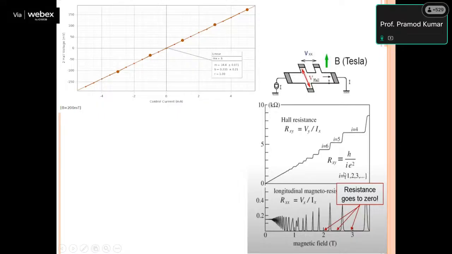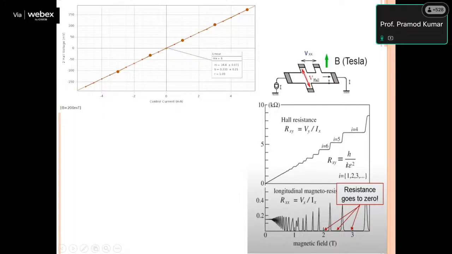So if you look at this data carefully, you have two types of phenomena. One, you are getting step type behavior. So when Professor Klitzing analyzed, he got this Rxy equal to h upon i e square, and i equal to 1, 2, 3, depending, like 4, 5, 6. Similarly, if you go to higher field, then you will get i equal to 3, i equal to 2, i equal to 1.